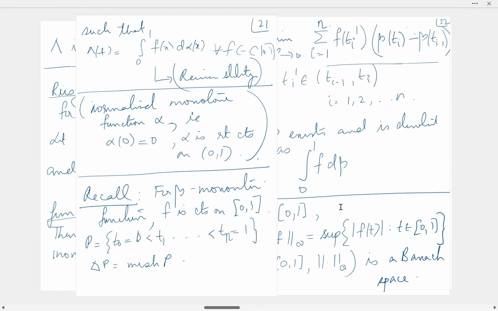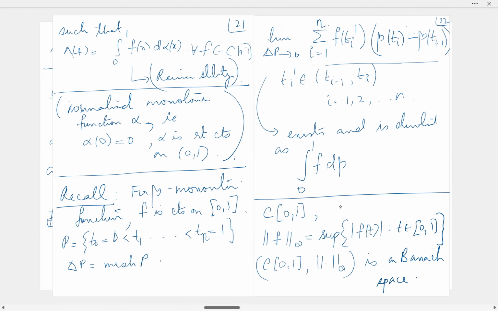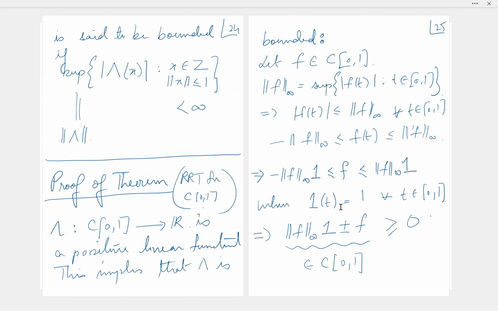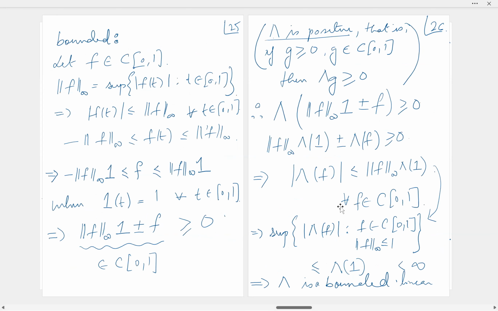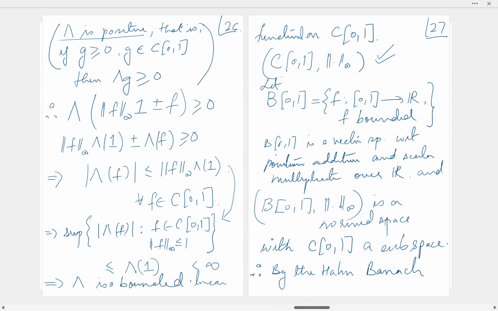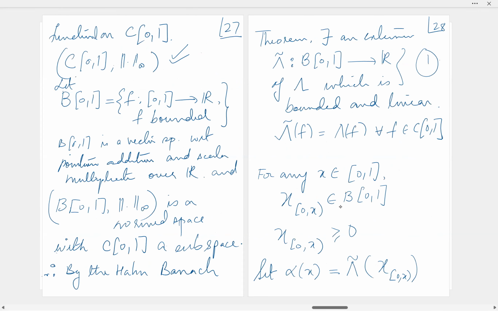What had we done? We started with this delta and went to the bigger space, C01, which we recognized as sitting inside B01, which is also a normed space. Then I applied the Hahn-Banach theorem to find an extension delta tilde of delta. I did not write this, but the norms are preserved.